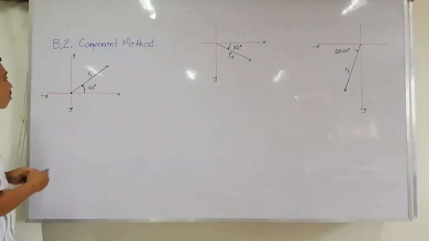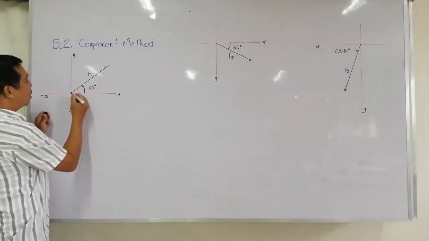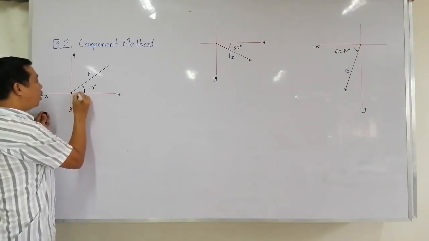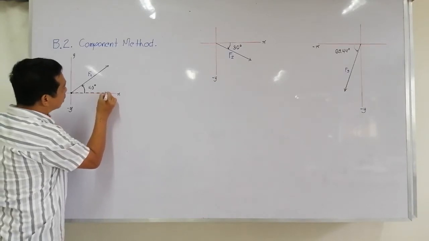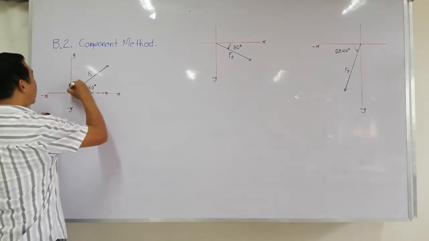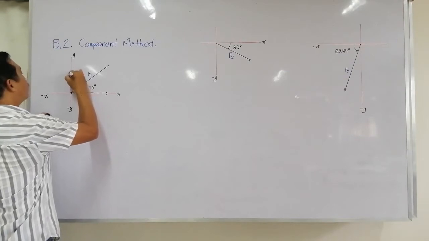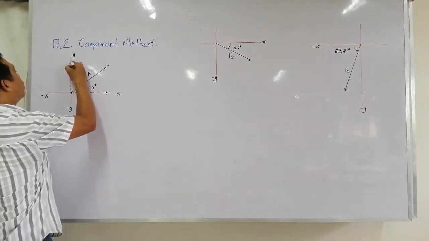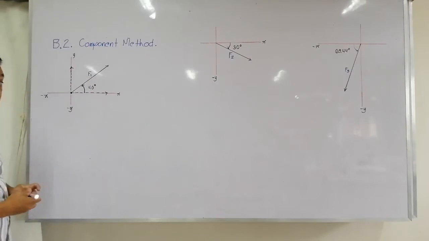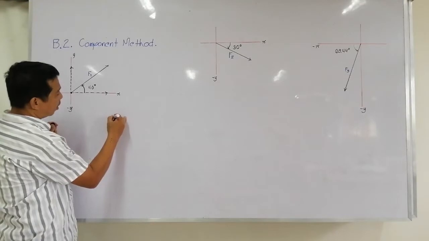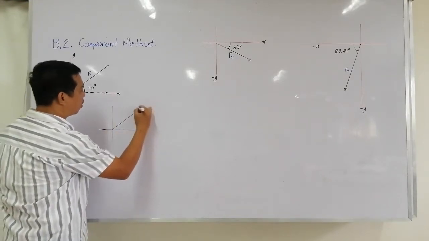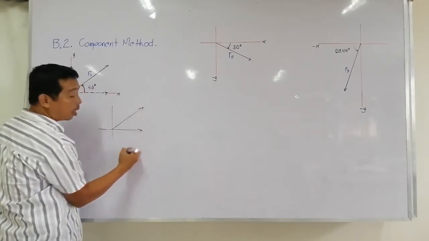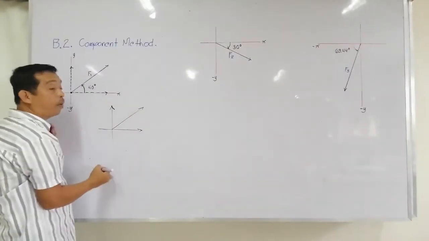Ibig sabihin F sub 1, meron siyang component, meron siyang bahagi na gumagalaw papuntang x-axis, at meron siyang bahagi na gumagalaw towards north. So, yan ang kanyang components. This is your Cartesian plane. This is the vector. Meron siyang east at meron siyang y component.